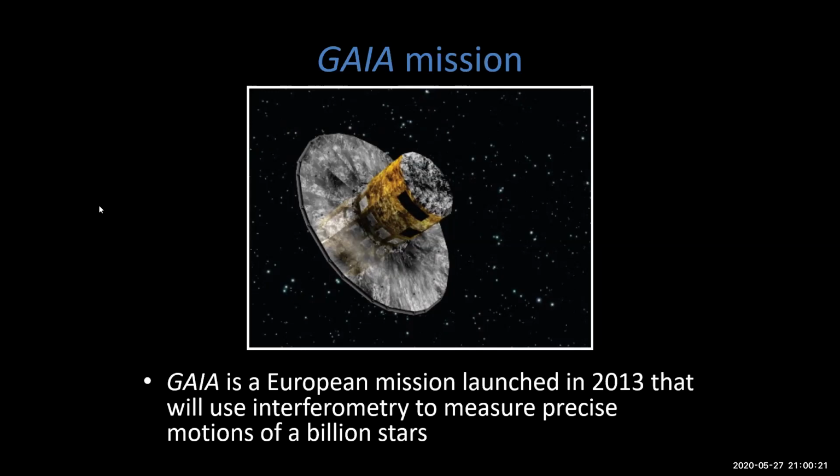Gaia I don't think is launched yet, but it's trying to use the method of interferometry to measure the positions of stars very, very accurately. So this one's the one to attempt that astrometry method that has not been successful so far. But until Kepler, transit hadn't been successful either. So just because something has not been successful so far does not mean it never will be.